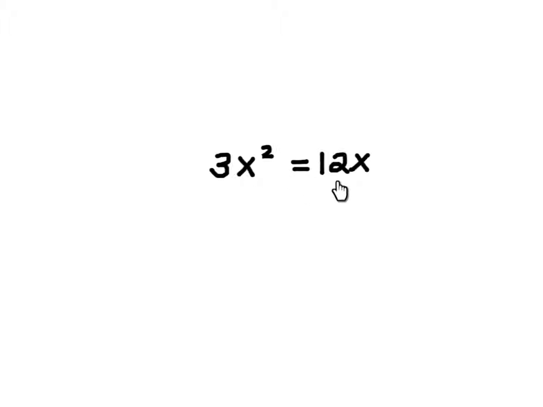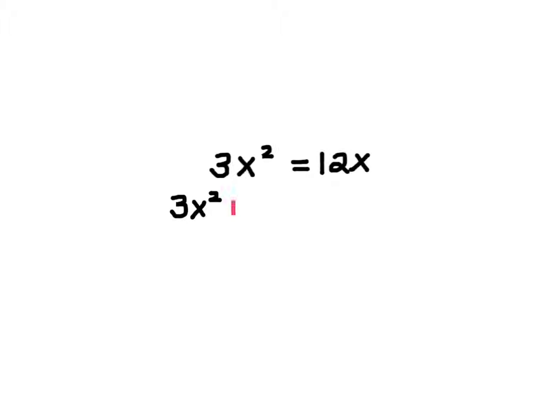Here's another problem. In this case, we don't have a 0 on the right-hand side. But by adding a negative 12x to both sides, let's take the left-hand side, 3x squared.